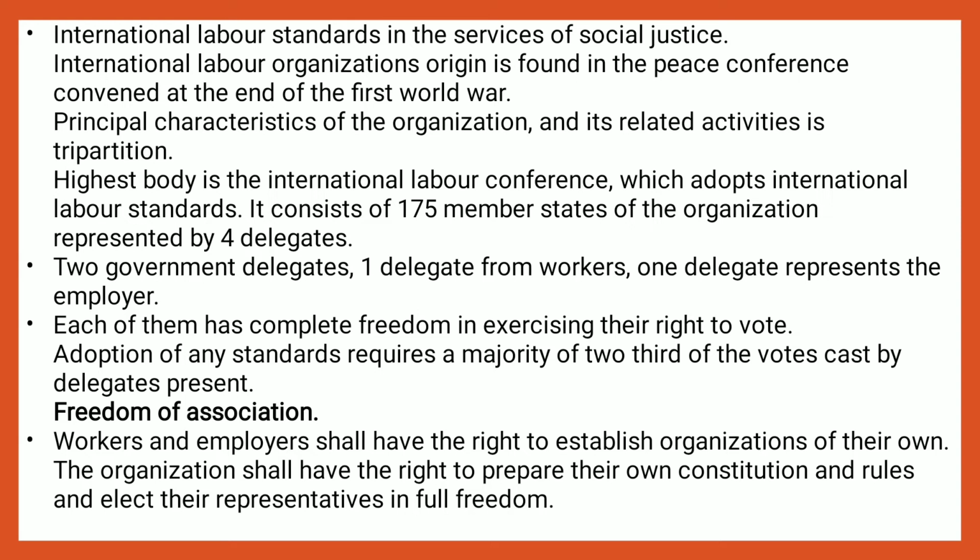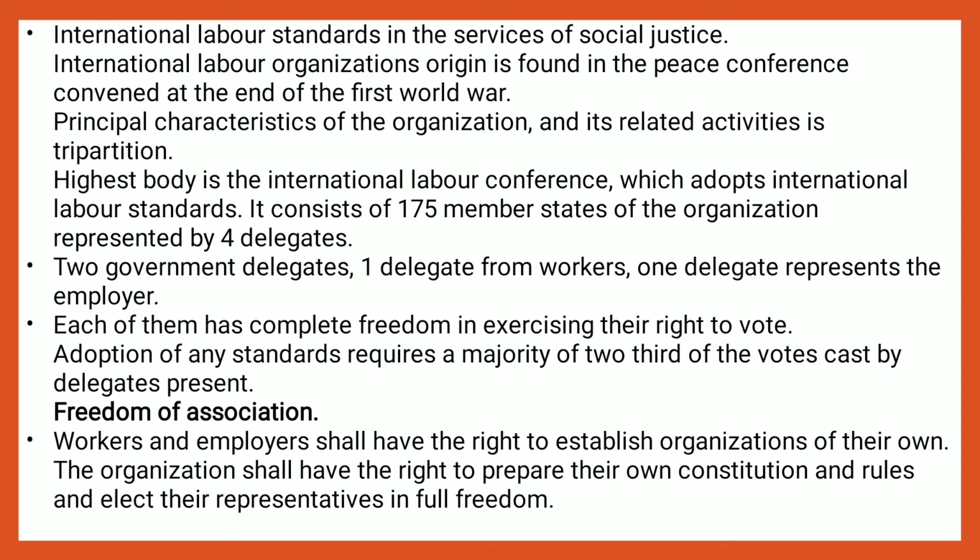The ILO, or International Labour Organization, consists of two decision-making bodies. First, the International Labour Conference. Second, the governing body, which itself is tripartite. The highest body is the International Labour Conference, which adopts international labor standards. How is this International Labour Conference constituted?